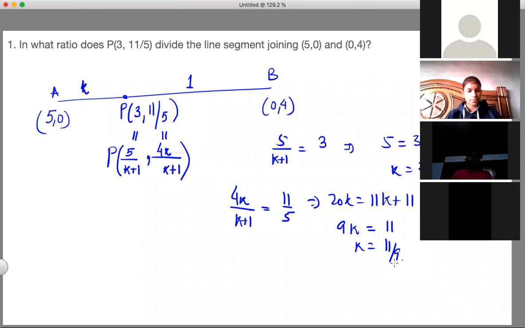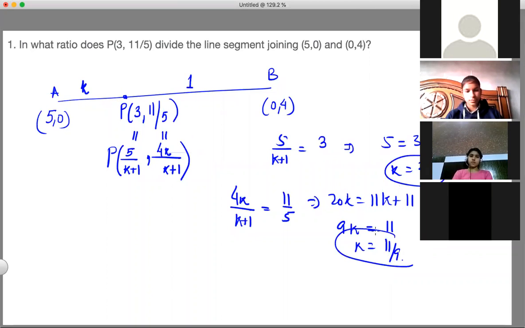Right? तो k की क्या वैल्यू आई है? They are different. k की वैल्यू यहाँ 2/3 आई, यहाँ पे 11/9 आई.